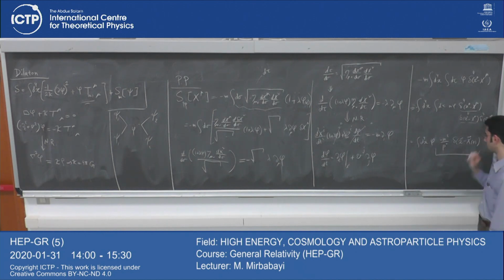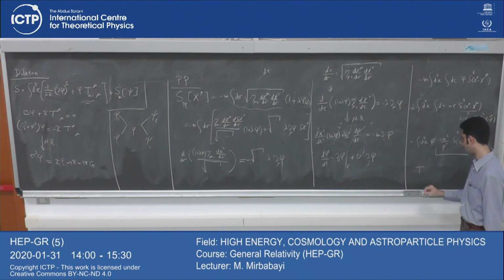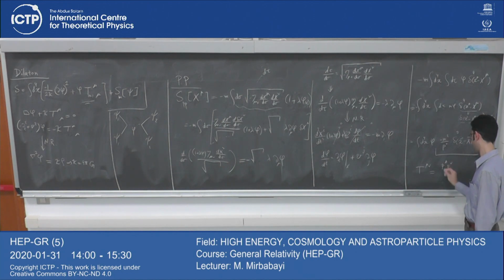So we got this as the source: minus m squared over P0 times delta 3 of x on the trajectory of the particle. But this is exactly the trace of the stress energy tensor for a point particle. So if we derive T mu nu for a point particle, that is given by this expression.